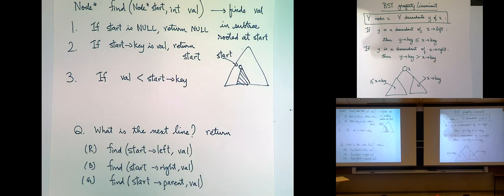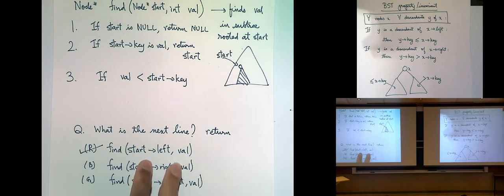Okay, so what is the answer? Yes, you're right. Although fewer of you have answered. So, any questions about this? This is a good time to ask. It should be less than or equal, yeah. But I'm assuming that the keys are distinct.